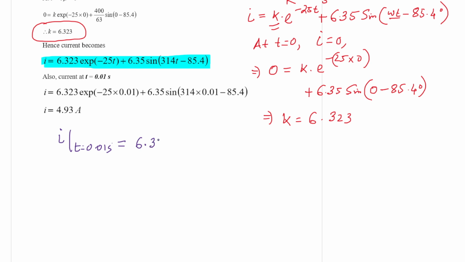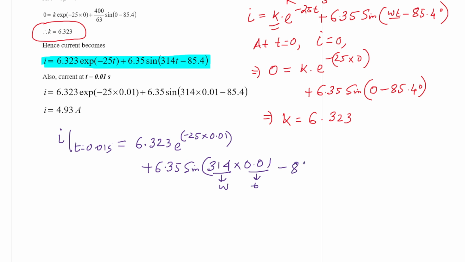So 6.323 into e to the power minus 25 into 0.01 plus 6.35 sine of 314 into 0.01, because 314 is omega and 0.01 is t, minus phi 85.4 degree. If you solve, it comes out to be 4.93 ampere.